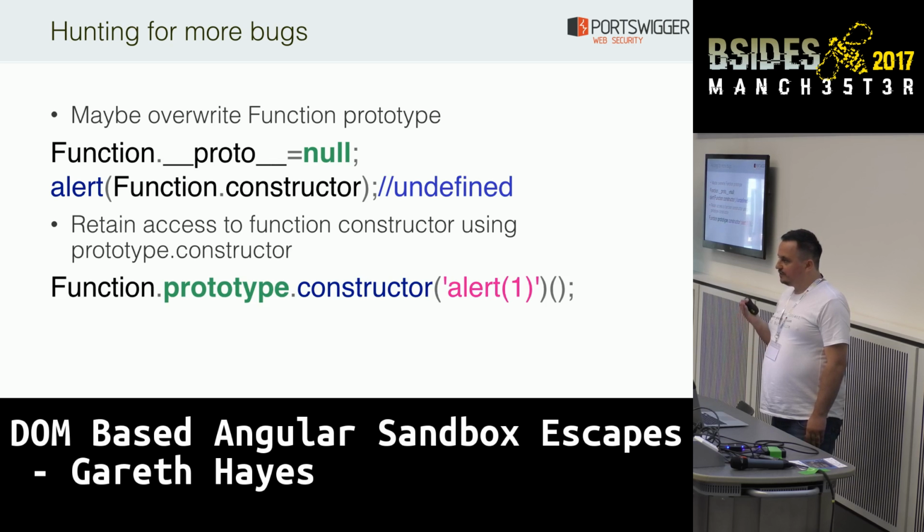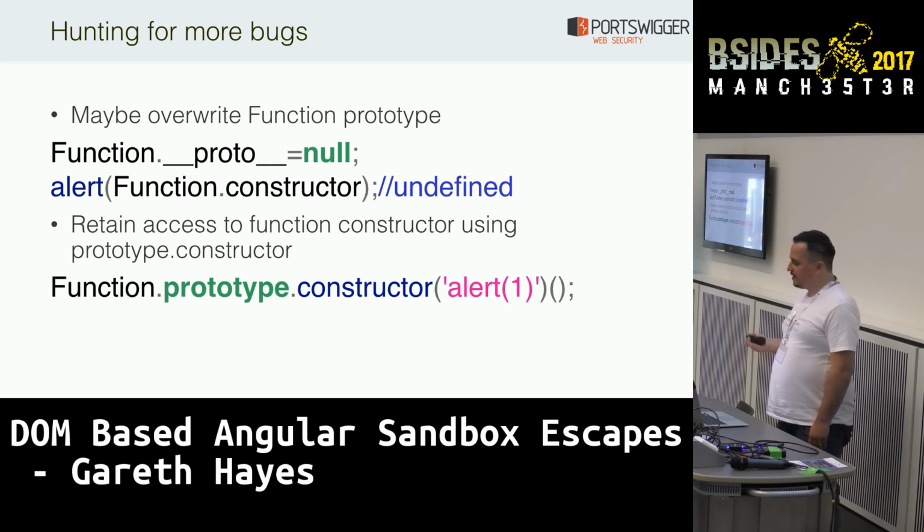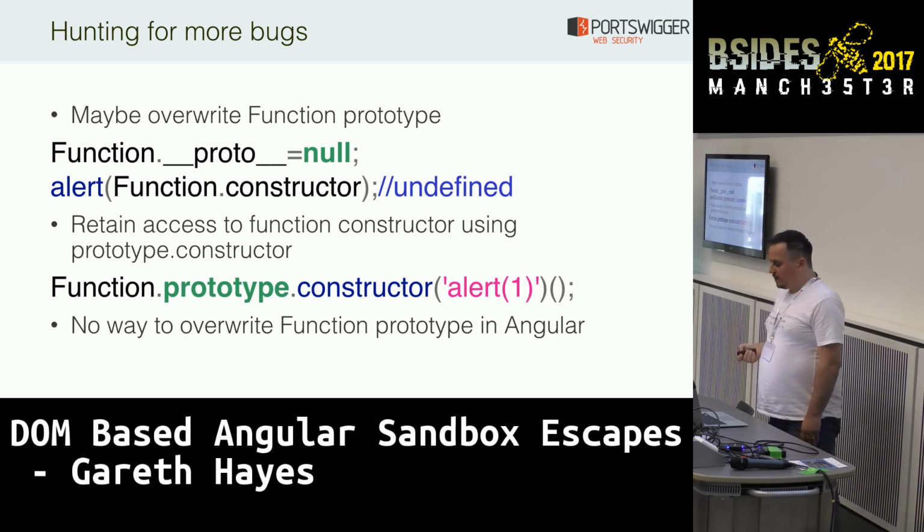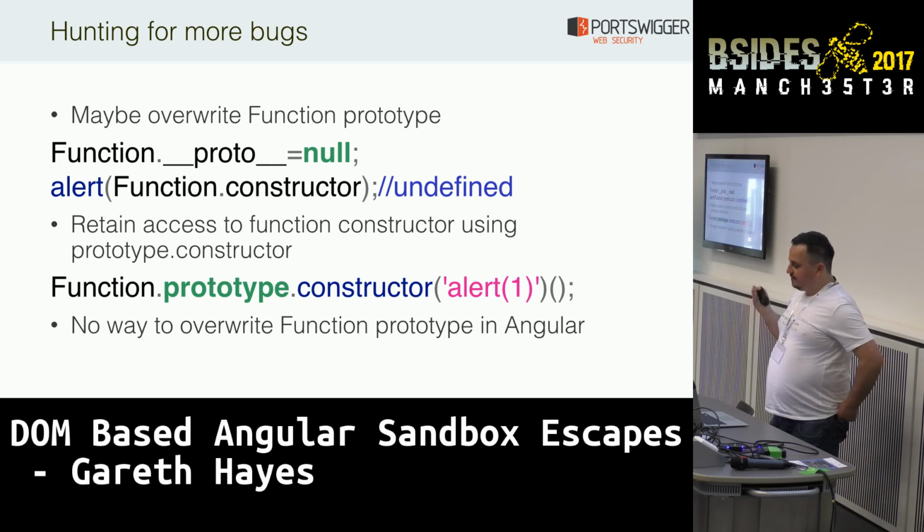So here we can use the function constructor .prototype.constructor, and we can execute alert 1. But in Angular, there is no way to overwrite the function prototype, the function constructor. You can only modify every function. So once you've modified and assigned the proto property to null, then constructor is removed on every function so that you can't access that later.